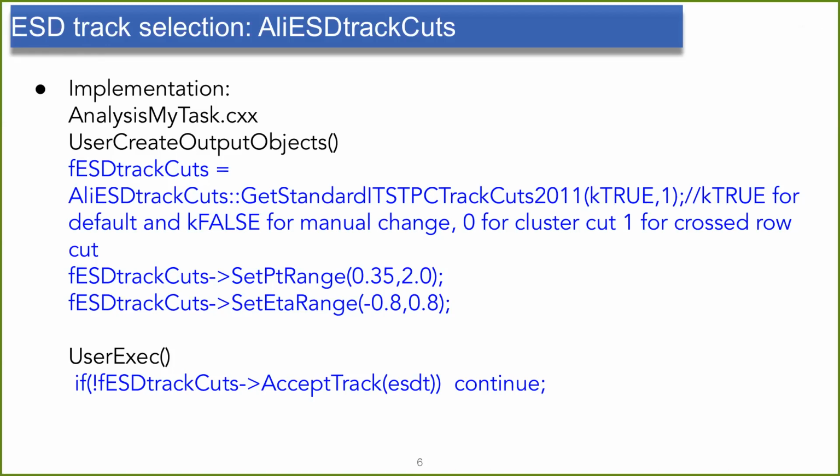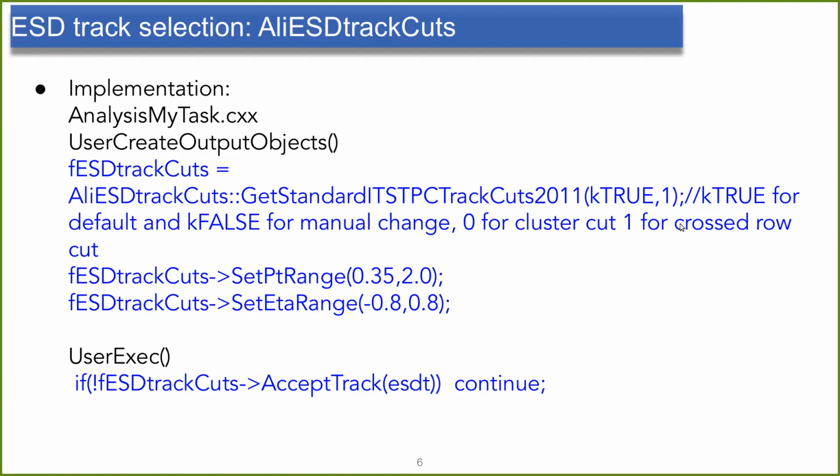So one can put some cut on the number of TPC clusters to get a set of good tracks, or one can also put some cut on the number of TPC crossed rows. I will come to it later, what this cluster and crossed rows mean in the TPC for selecting the good set of track cuts.